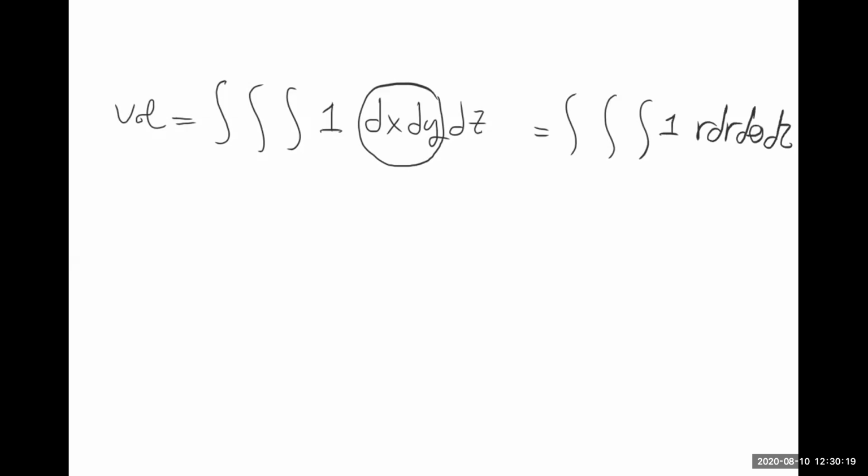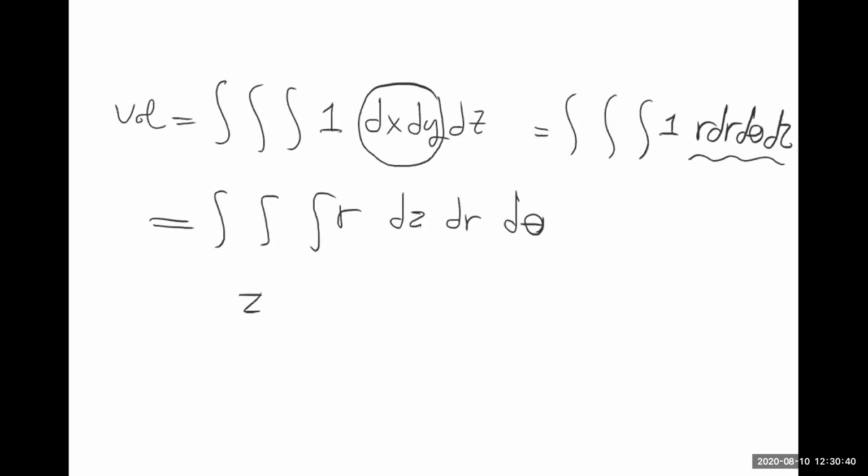So what are the bounds? The order would matter for the sake of simplicity. Some order might be easier than the other one. Here, the order which the book has chosen, I would go with that one, is dz, dr, d theta. Okay, so I should first say what are the bounds for z.